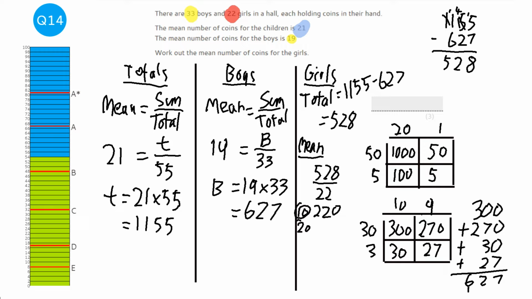I know that 20 lots of 22 are going to be 440. And I know that 4 lots of 22 are 88. If I add those together, it's going to be that 20 plus the 4. So the answer is going to be 24.